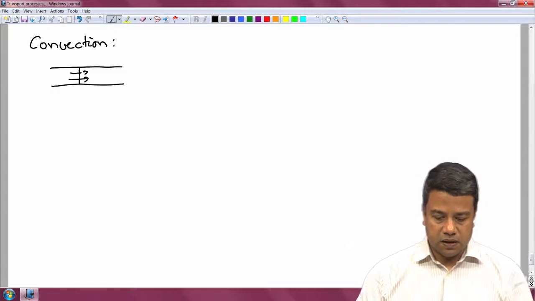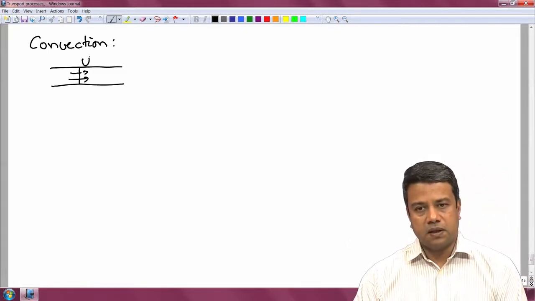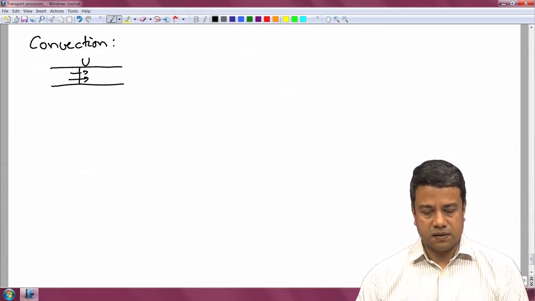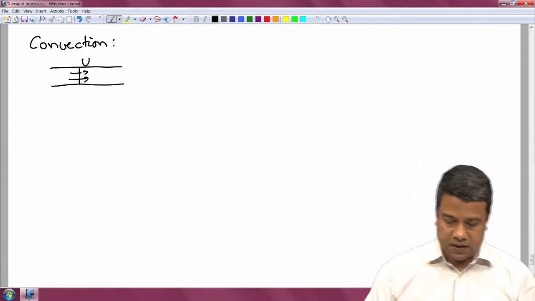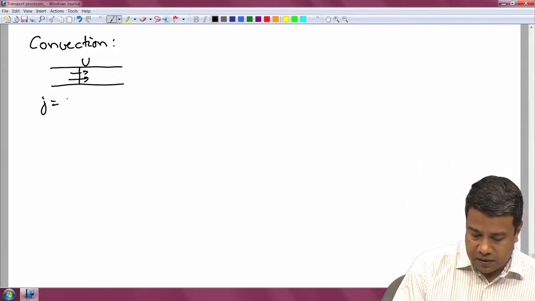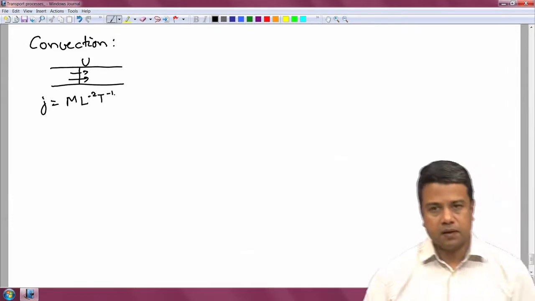Okay. And if the fluid velocity were u, for example, what would be the flux of mass that was carried across the surface? The flux, as you know, has dimensions of the mass carried per unit area per unit time.